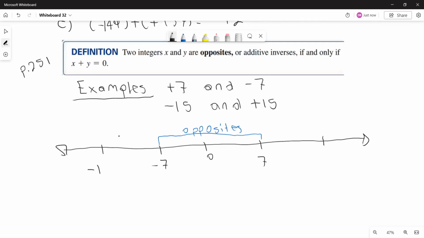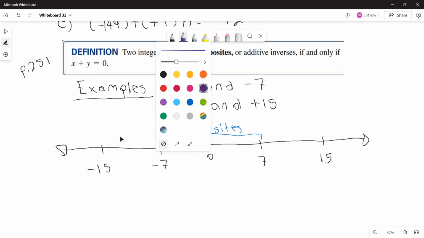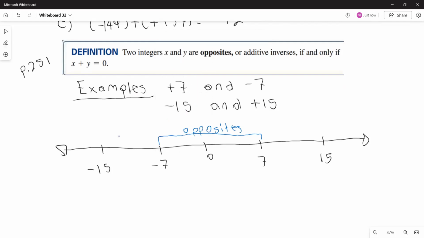And -15 and 15 are also opposites. So these two are also opposites.